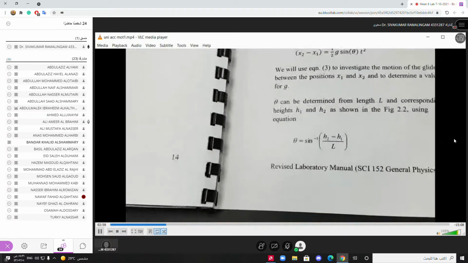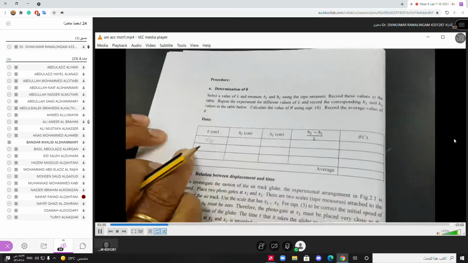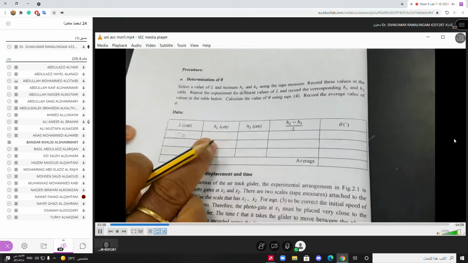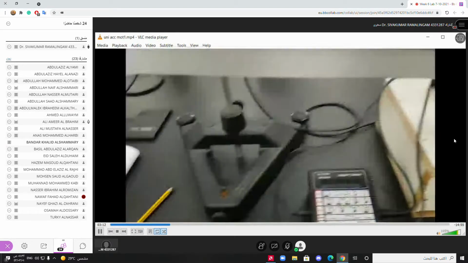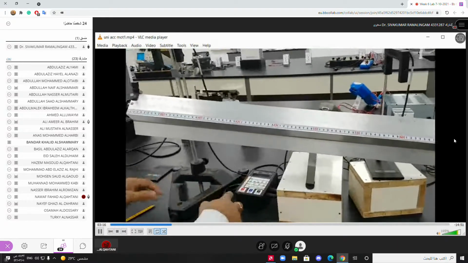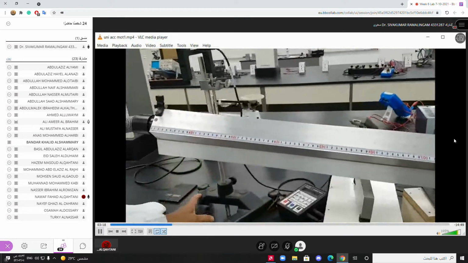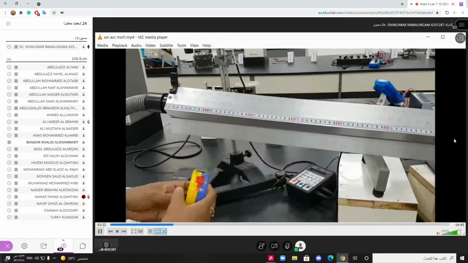I'm going to fix the L. Let us fix L as 50 centimeters. Now I've fixed the L. I'm going to measure h1 and h2 by using the tape measure. I'm going to measure the height of this from the table.